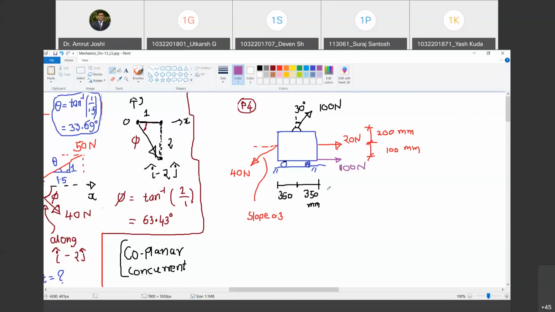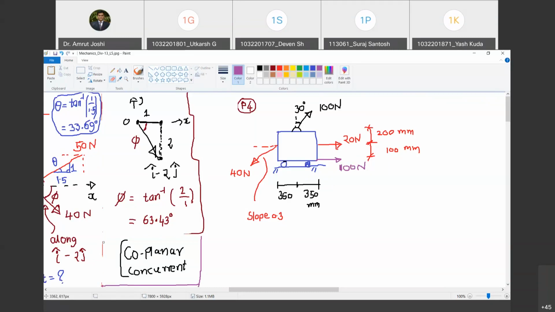Now, what is the difference between the earlier problem and this problem? The point of intersection is not common. Yes. So it is likely that in this force system, lines of action of all the forces are not going to pass through a single point. Do you agree with me? Yes, sir.